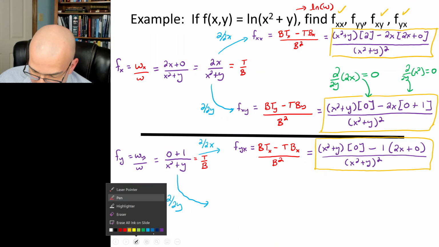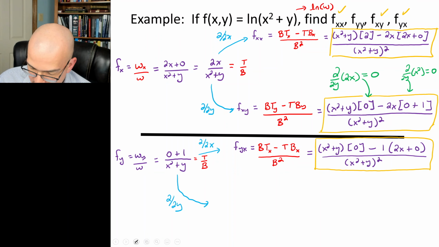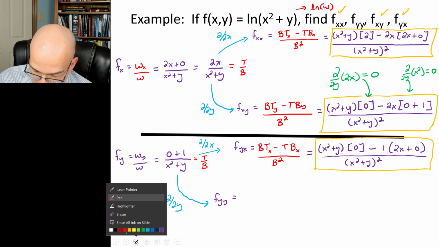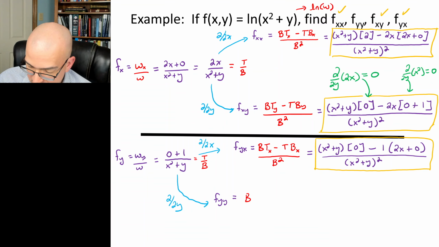Okay, now we have the last second order partial derivative, f double y. So there'll be a quotient rule again. It'll be the bottom function times the derivative of the top with respect to y, minus the top times the derivative of the bottom with respect to y, all divided by the bottom squared. Okay, so the bottom function, x squared plus y, times the derivative of the top with respect to y.